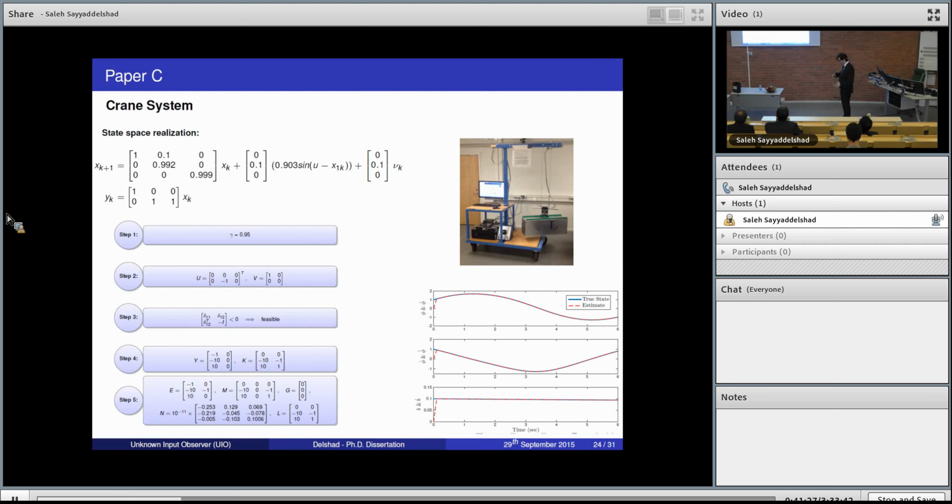You have 3 states: the absolute angle of the cargo, the angular velocity of the cargo, and also the bias coming from the gyro measurement. And here is the state space realization. And going through the 5 steps, you will find good observer performance here, which is robust against the unknown input.